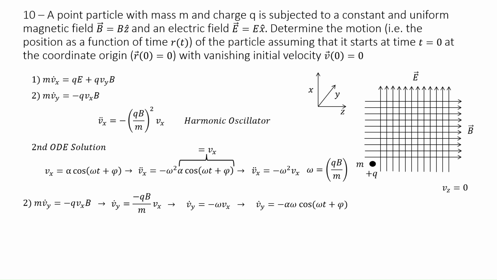We know that vx equals alpha cos(omega t plus phi), and we can integrate this with respect to time to get vy rather than v dot y. The omega comes out the front and cancels with the omega that is already there, and we get our general solution for vy, which is minus alpha sin(omega t plus phi) plus a constant.